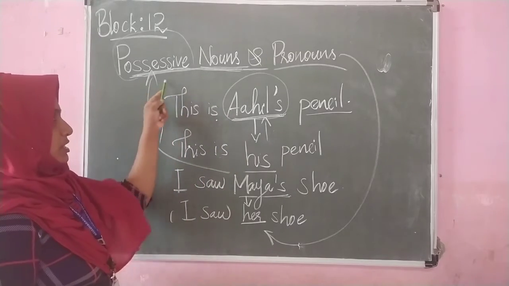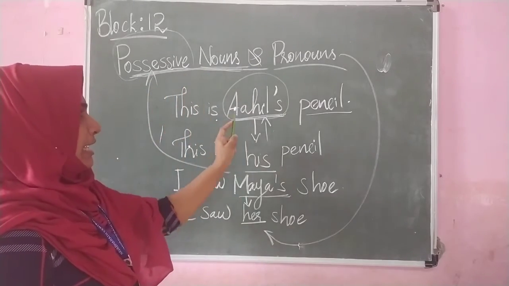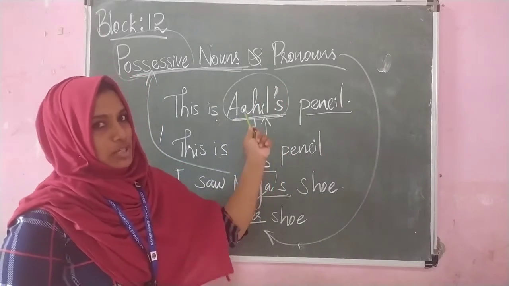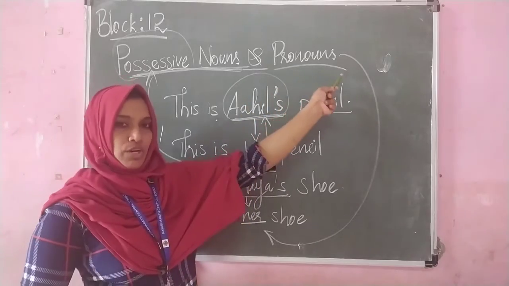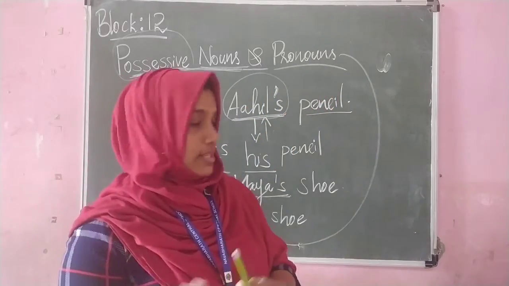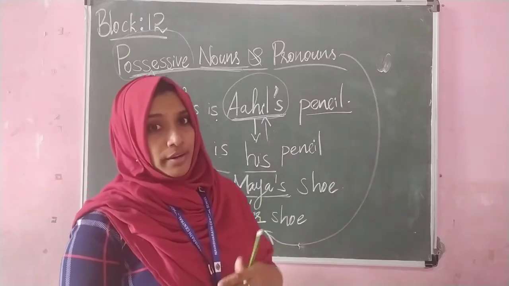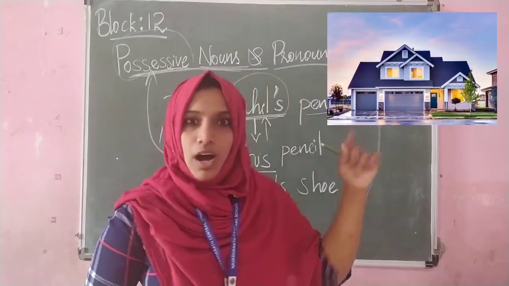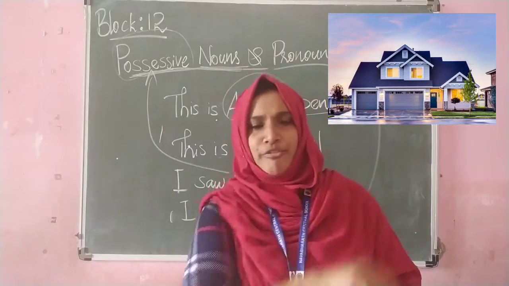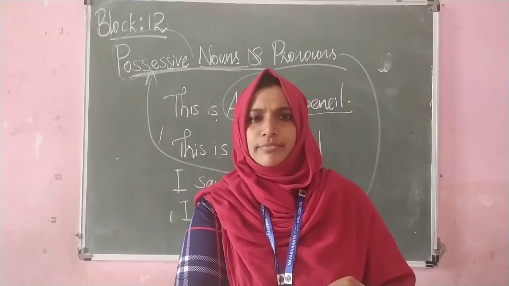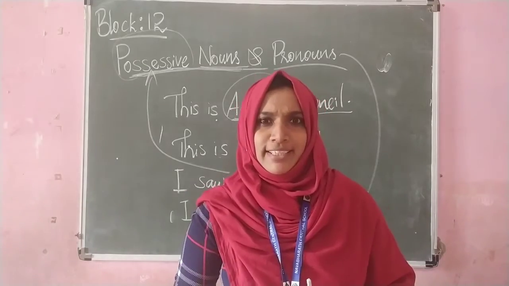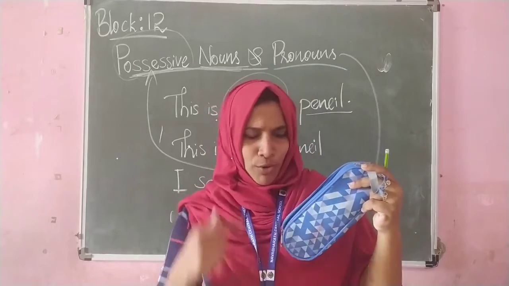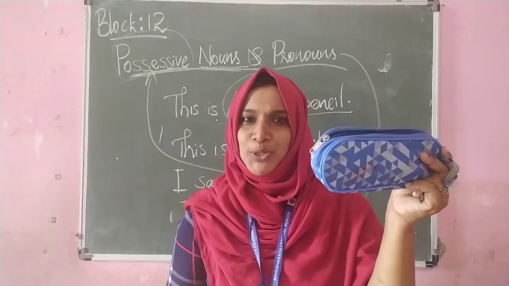Got it? So possessive nouns means we add an apostrophe with the letter S to the nouns, and possessive pronouns means words like his, her, your, our, their. For example, this is our house, this is your phone, this is your book, that is my pen, this pouch belongs to me, this is my pouch, or I am the owner of this pouch.